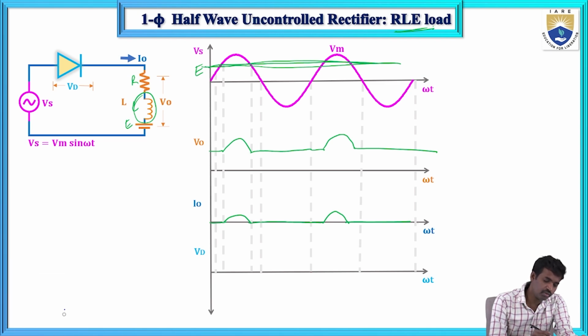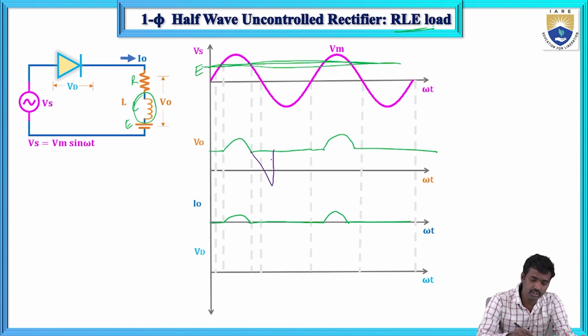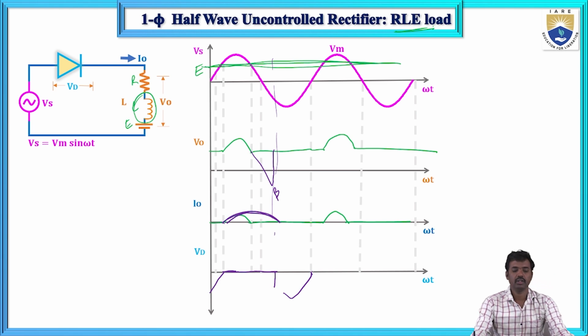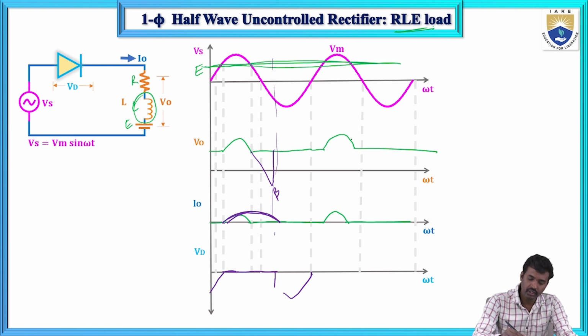Because of the inductive property, it is conducting up to beta. So the output voltage is short circuited up to beta.